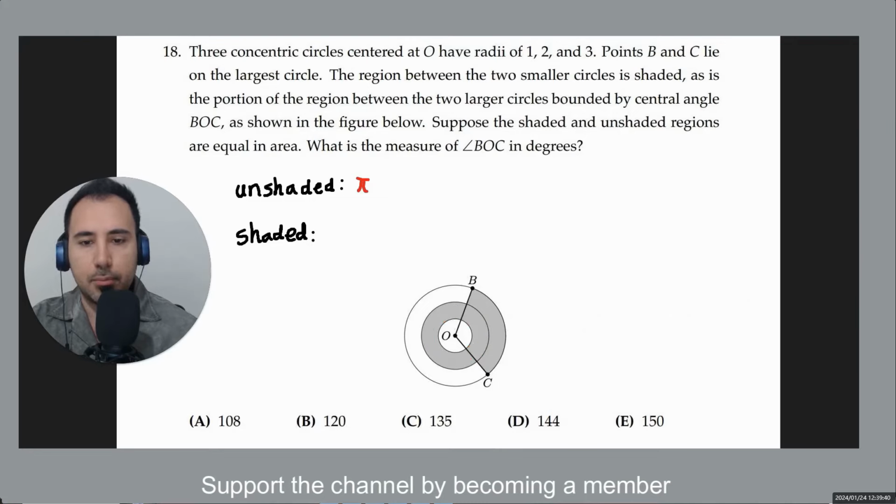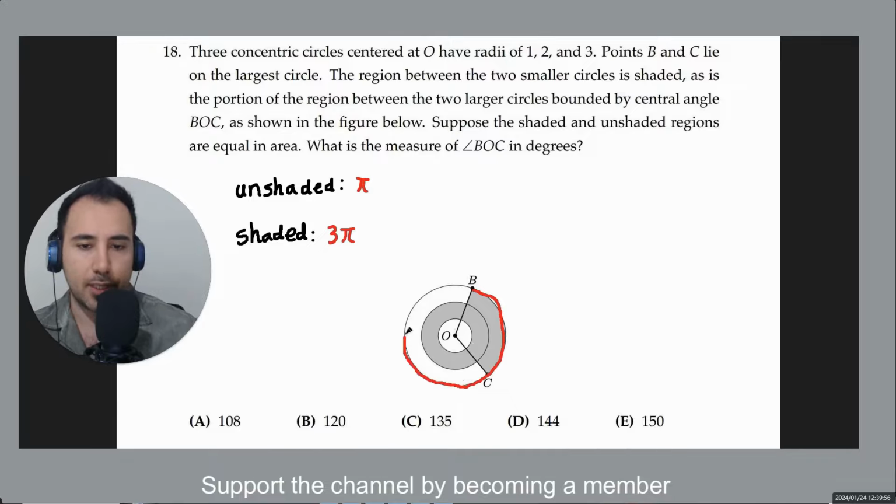Okay, let me also write it here. Now, which one is more, shaded or unshaded? Shaded is already more. It's 3 pi. This is pi. Now we also need to find the third layer over here. What is the radius of this? 3. What is the area of this? 3 times 3, 9 times pi, 9 pi.